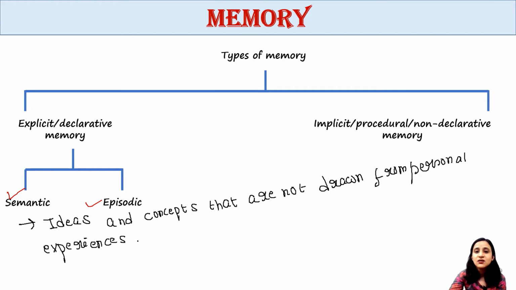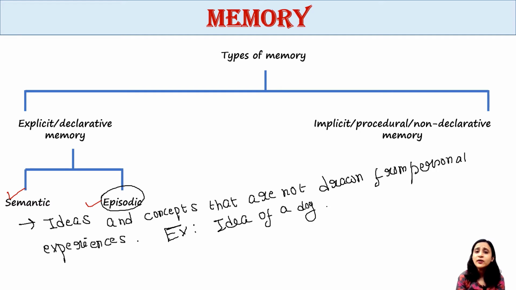So next, that is the episodic memory. So what is the episodic memory? Could you remember your first day of college? So first I will write down the example here in semantics. So it is the idea of a dog.